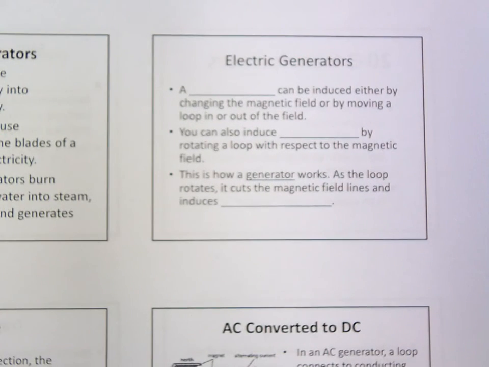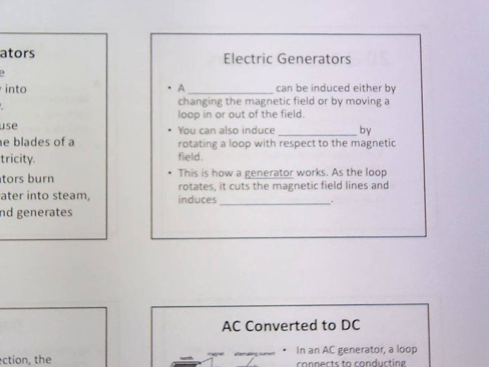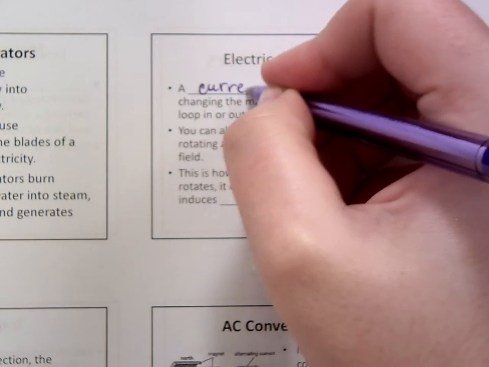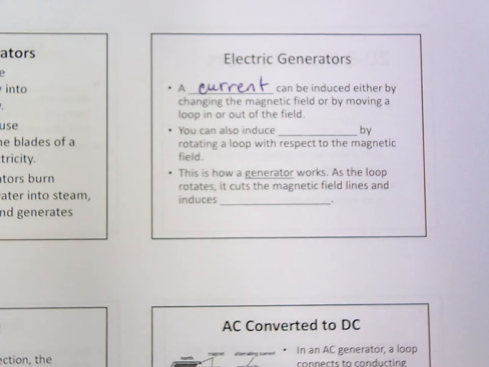Now, in the previous section, we talked about ways you can generate current without a battery. Okay, so we can get a current by changing the magnetic field. For instance, moving a magnet towards or away from a coil, or even just changing the strength of an electromagnet near a coil.